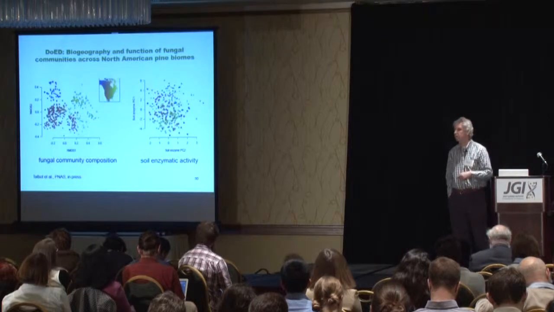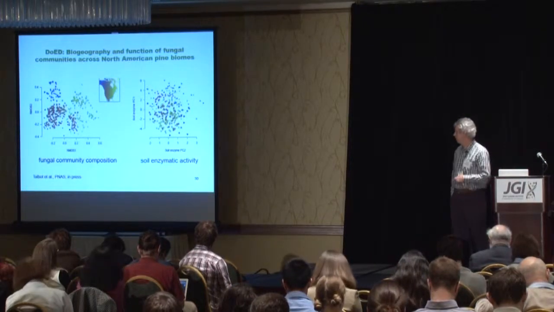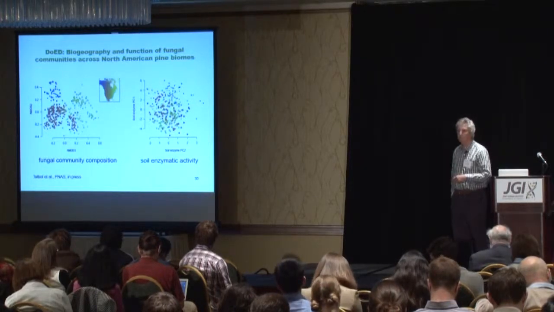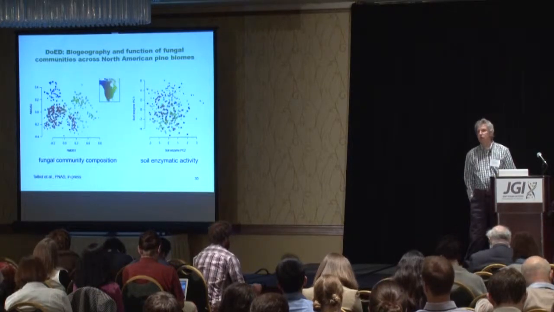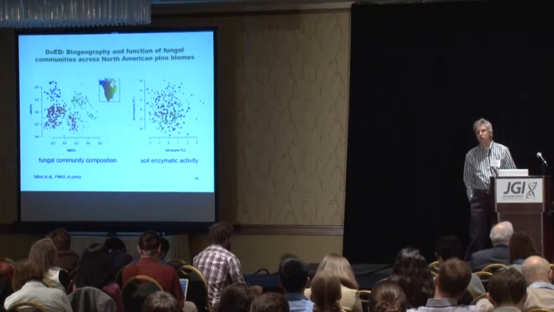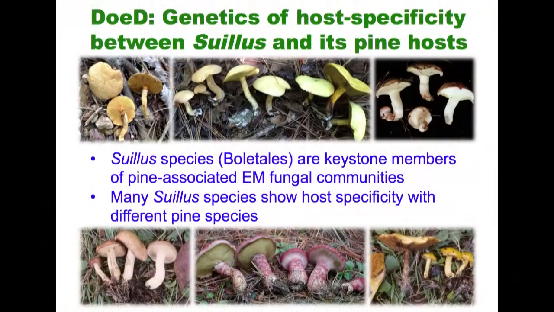By contrast, the functional profiles of these communities, in this case based on soil enzyme profiling, really don't change; they are the same everywhere. And in fact, water availability and other environmental factors have much more to do with those enzyme profiles.